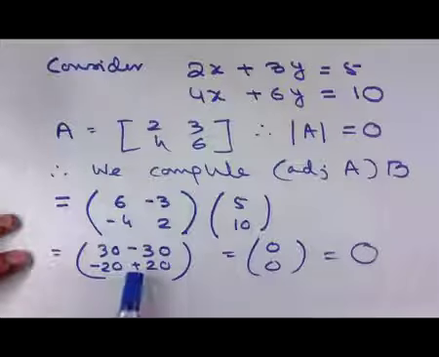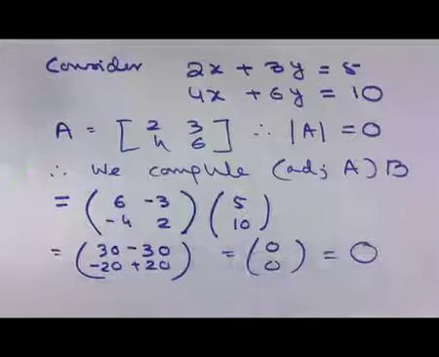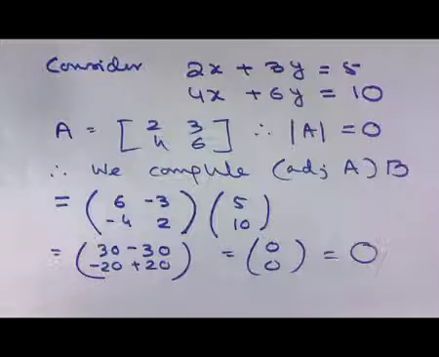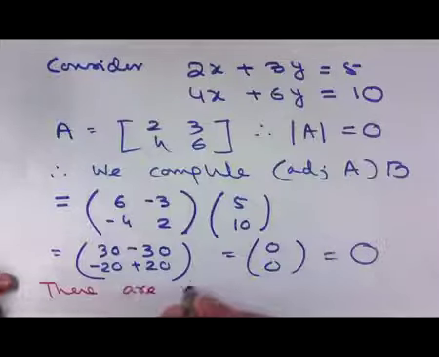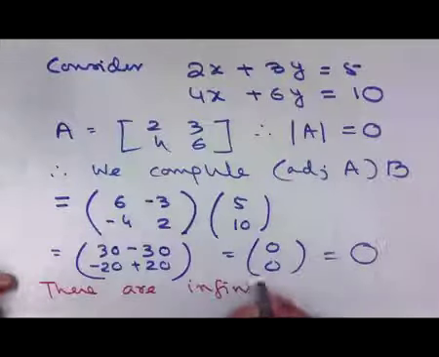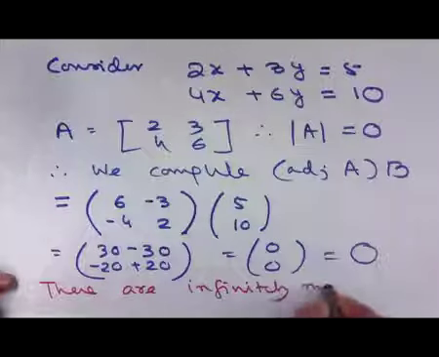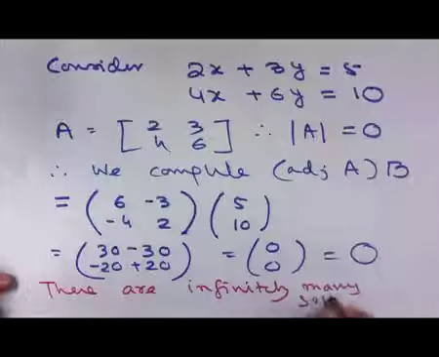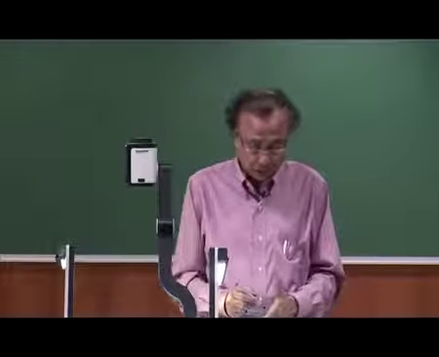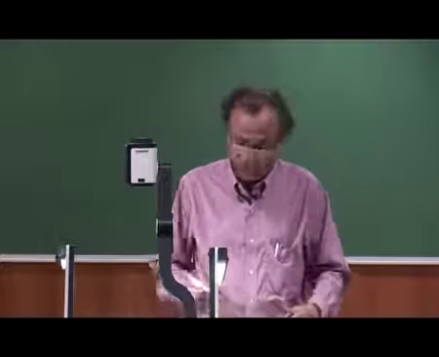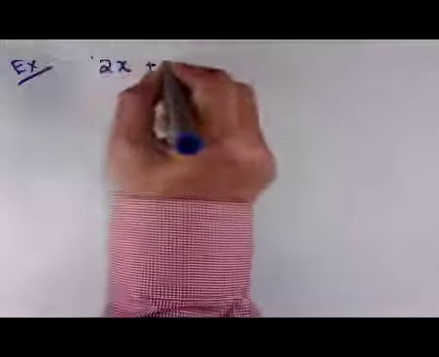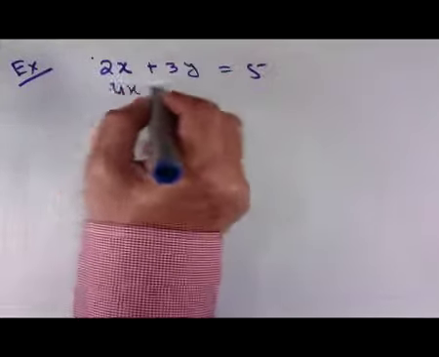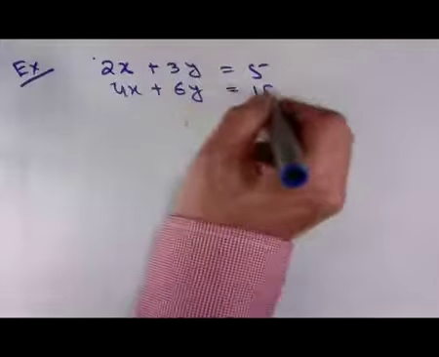Therefore, determinant of A is 0 and we find adjoint of A multiplied by B is 0. Therefore, as we have seen, there are infinitely many solutions. But suppose we have a new example, 2x plus 3y is equal to 5 and 4x plus 6y is equal to 15.